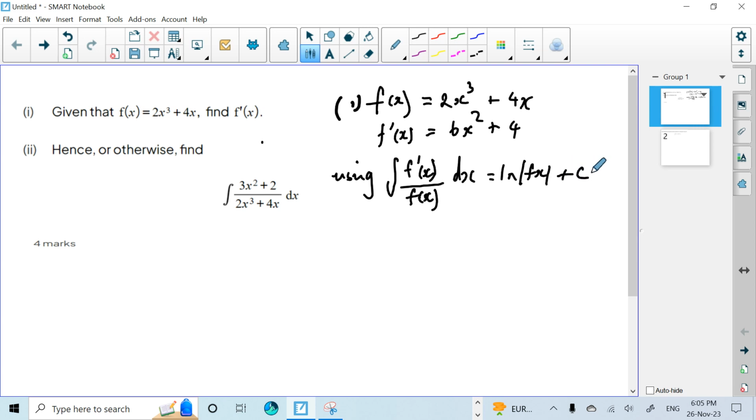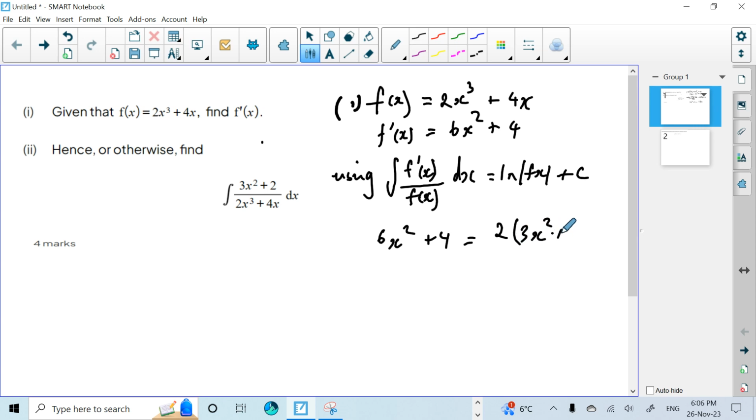Okay, now let's just say that 6x squared plus 4 will be equal to 2 brackets 3x squared plus 2.